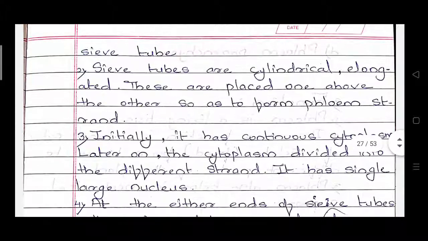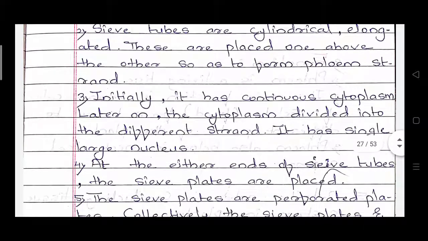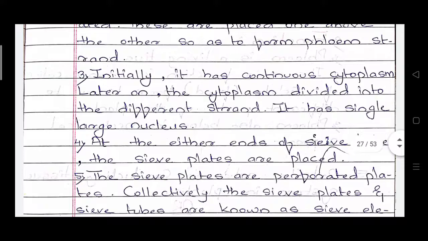Initially, these sieve elements have continuous cytoplasm, but later on this cytoplasm is divided into different strands and it has a single large nucleus. At the other end of the sieve tube, the sieve plates are placed.